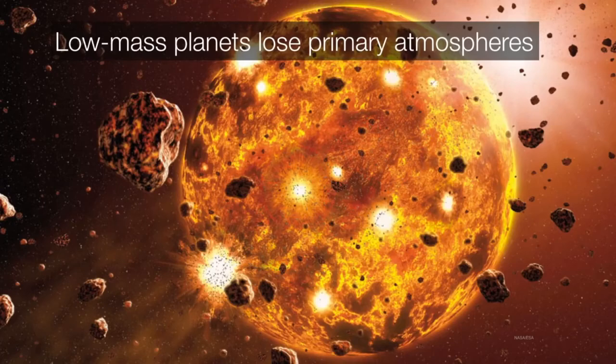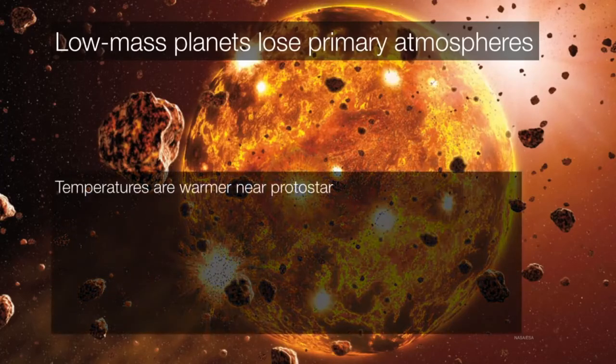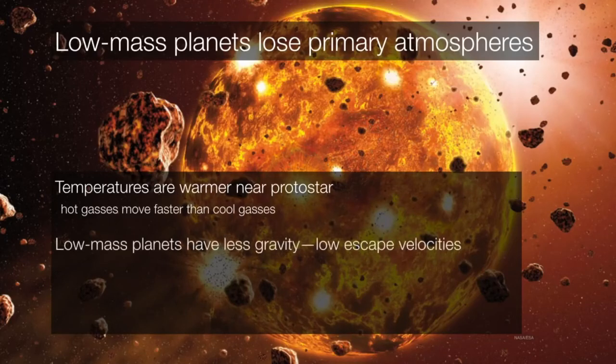They are unable to hold on to those primary atmospheres. Remember, the temperatures are much warmer near the protostar, or in this case, the protosun, and hot gases are always going to move faster than cold gases. So if you have a low-mass planet with low-mass gases, they can easily achieve escape velocity from those gases.